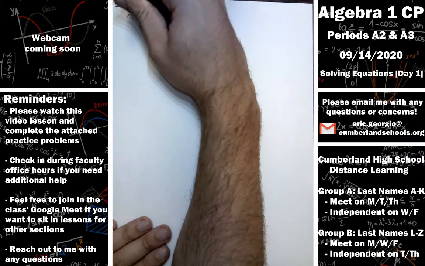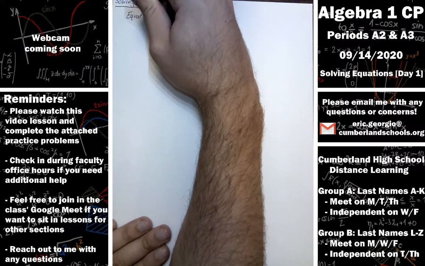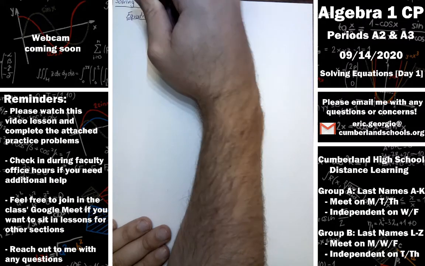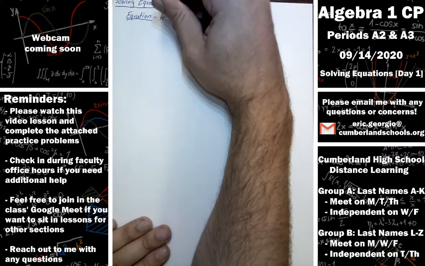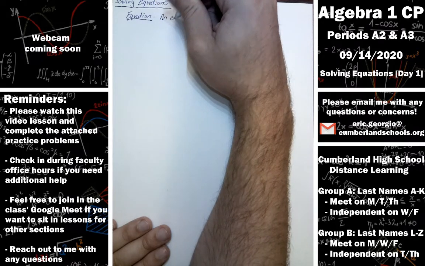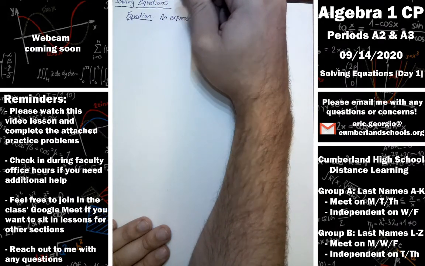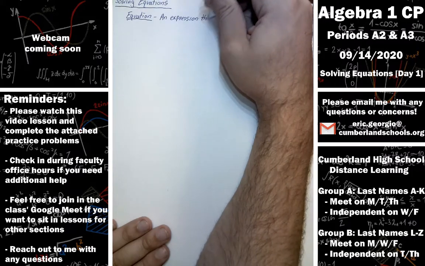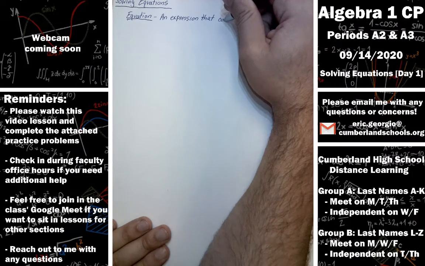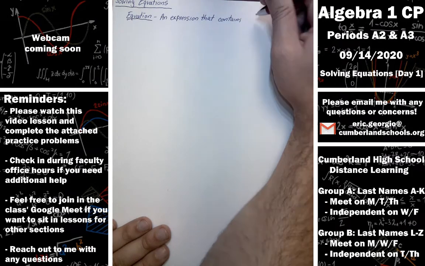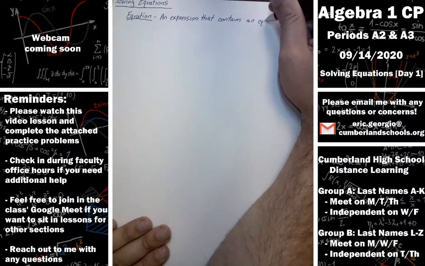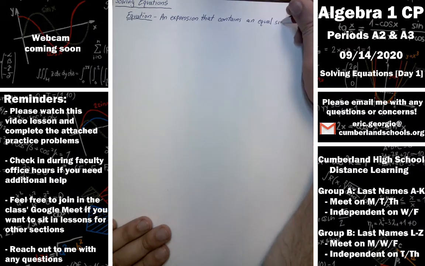So an equation is an expression that contains an equal sign. And you know that an equal sign looks like this.